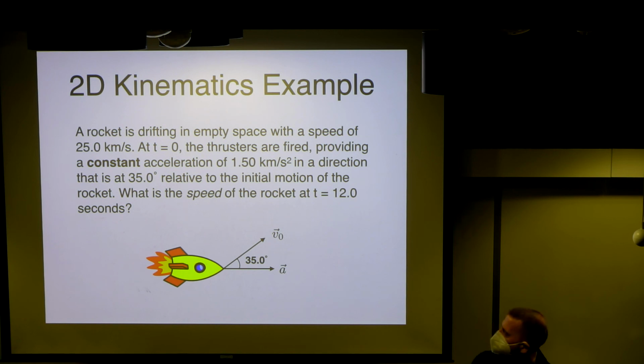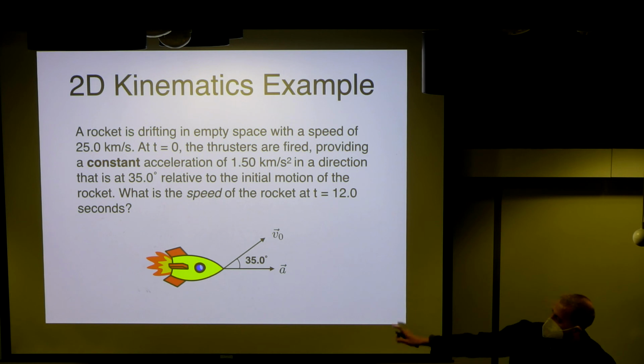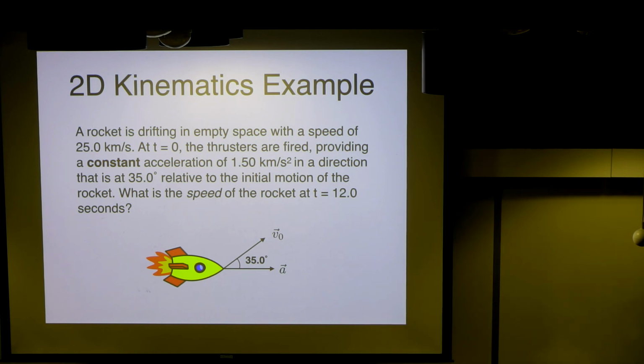So I think more people said they prefer the algebraic way. So let's do that first, and then maybe if we have time, we'll do it the other way. All right, so same question, just the thing we're solving for now is speed. Okay? So real quick, let's do that.